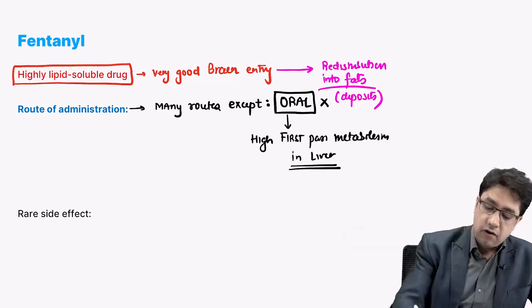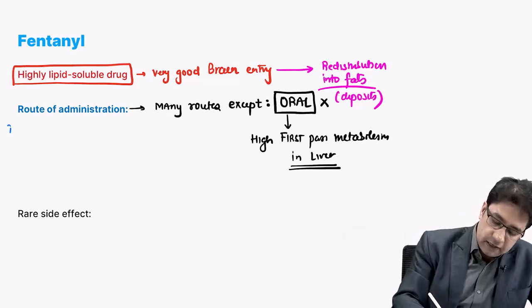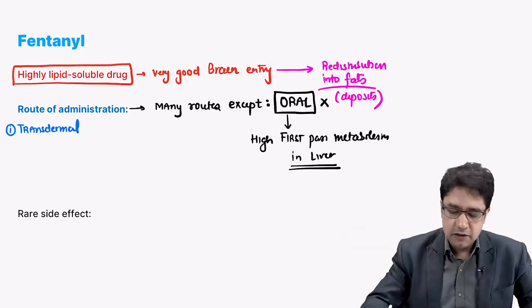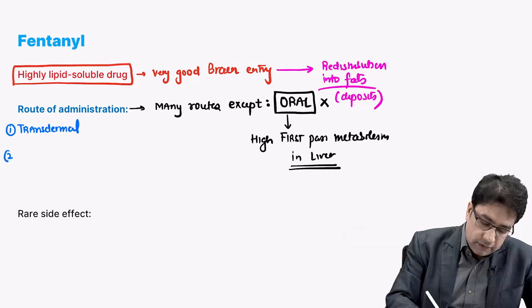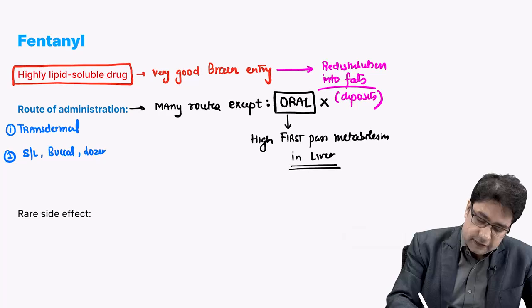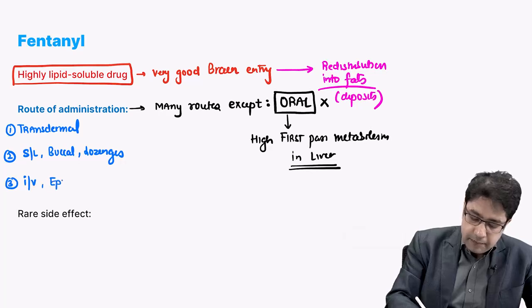So what are the routes of administration of fentanyl? Fentanyl is given by transdermal patch, because all other routes, they bypass the first pass metabolism of liver. It is also given as sublingual tablets, buccal tablets, and toffees like lozenges. Fentanyl can also be given intravenously and as an epidural injection.